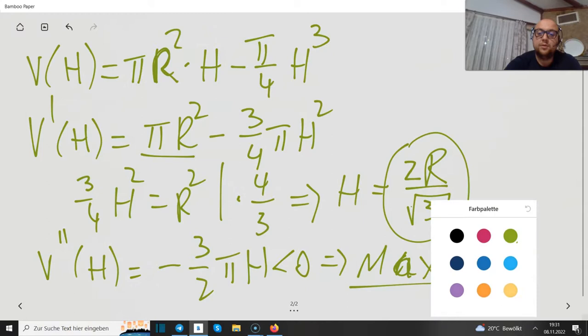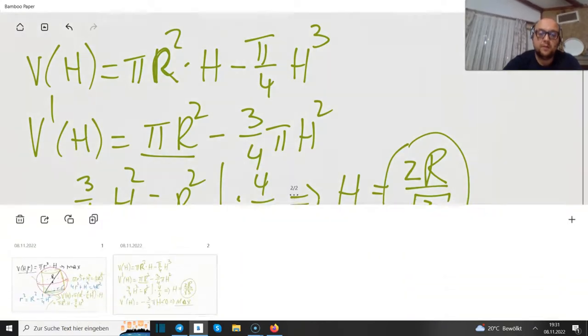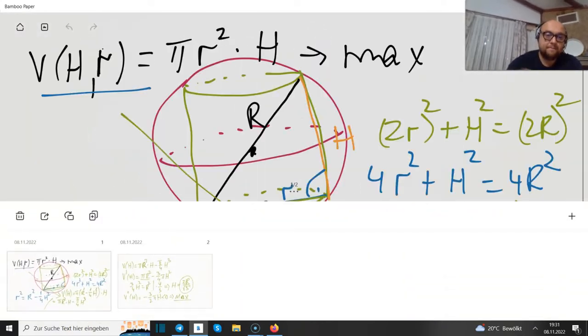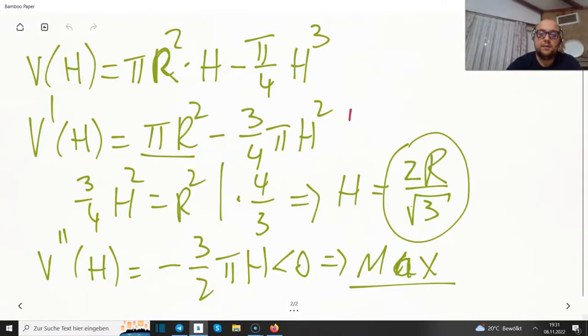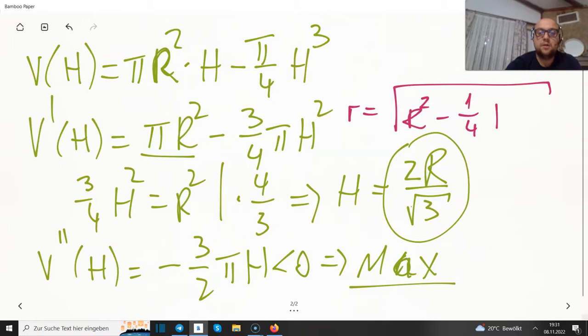Can I also compute the small r value? Well, I should. The question was to figure out the measures. So this is capital R squared minus 1/4 of h squared. So that means r itself, I do have to put a square root here, is the square root of capital R squared minus 1/4 of h squared.